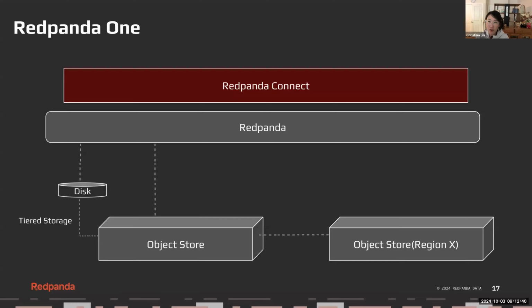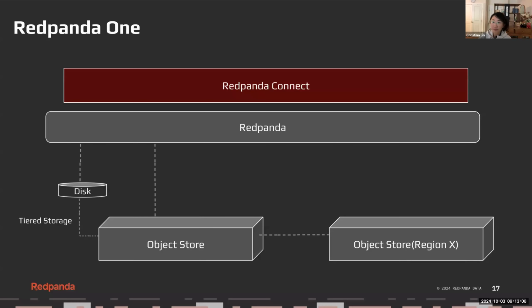And because of how object stores like Azure Blob, Google Cloud Storage, and your most familiar S3 work, they allow you to do some kind of replication across regions. So you will be able to replicate your work across multiple regions, and you can focus on just writing to a streaming platform.